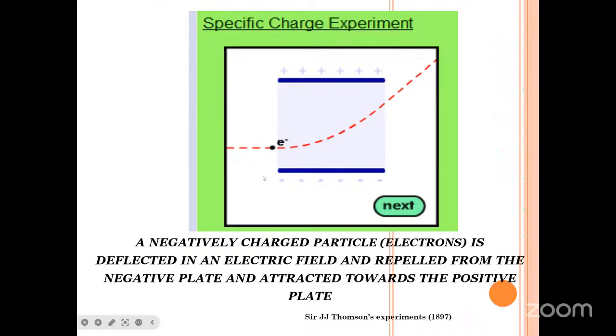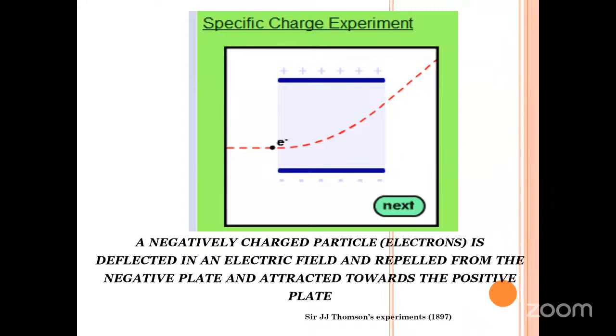So thank you. I was saying that the negatively charged particle is deflected towards the positive plate. If it was a positively charged particle, the deflection would come down like this. Now, when it enters a magnetic field, there is also a deflection, but unlike the plates, which are horizontal, a magnetic field behaves like a circular arc. In a magnetic field, we have the north and the south pole.